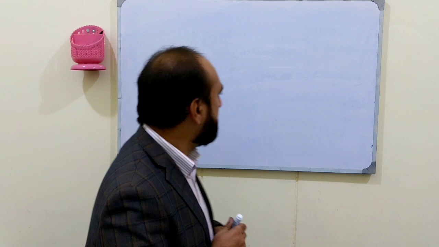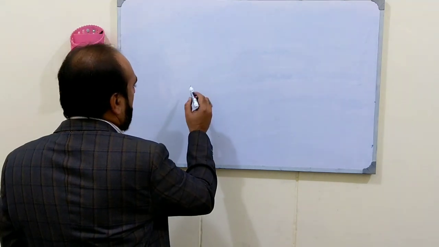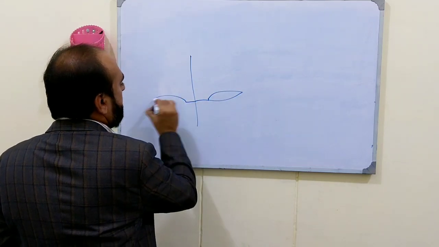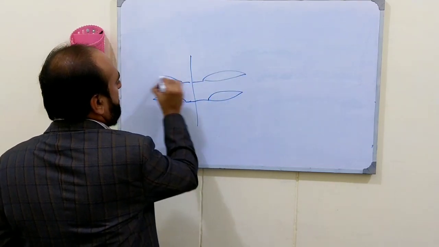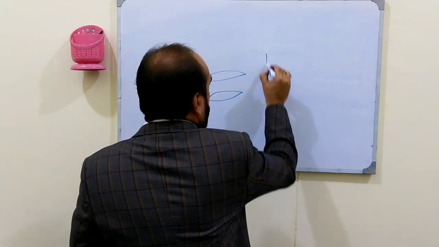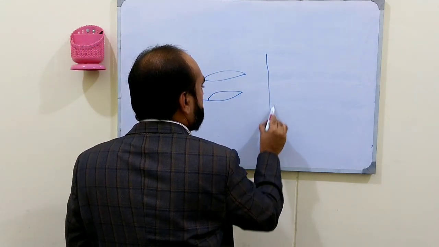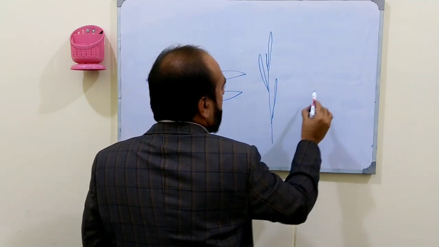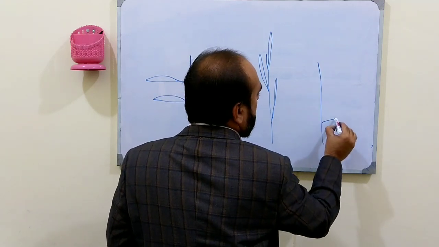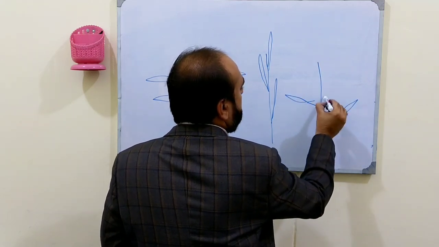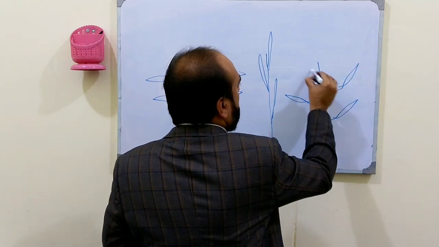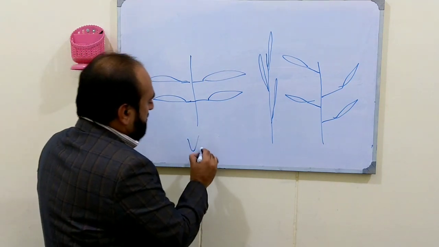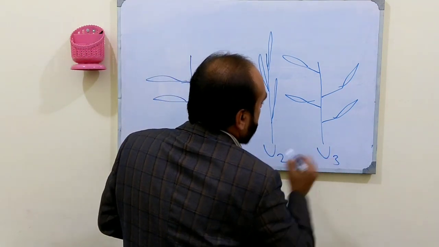For example, if we have 3 varieties of a plant, and variety V1 has horizontal leaves, V2 has erect leaves, and V3 has intermediate type of leaves which are neither horizontal nor erect like this. This is variety 1, this is variety 2, this is variety 3.